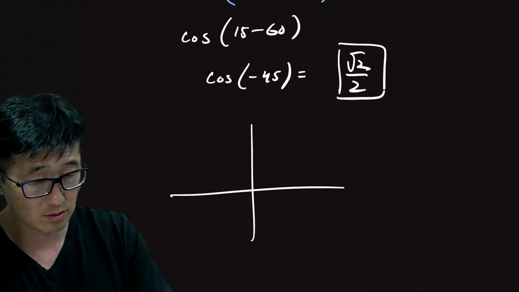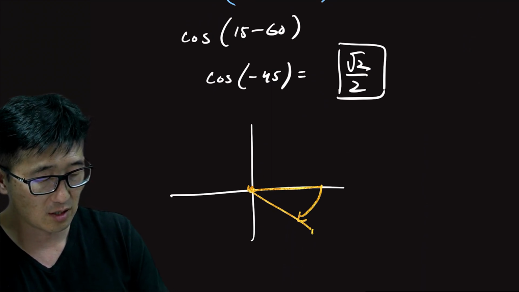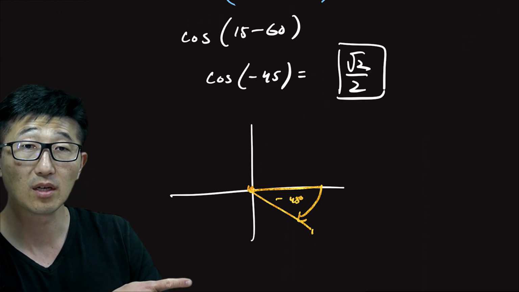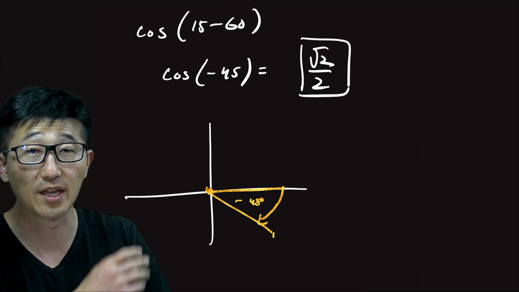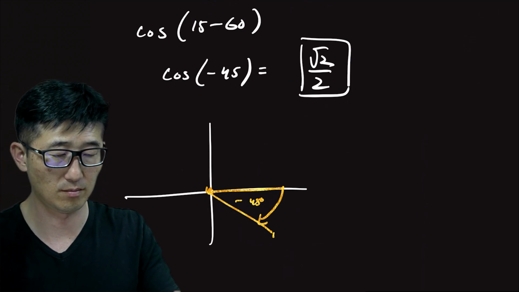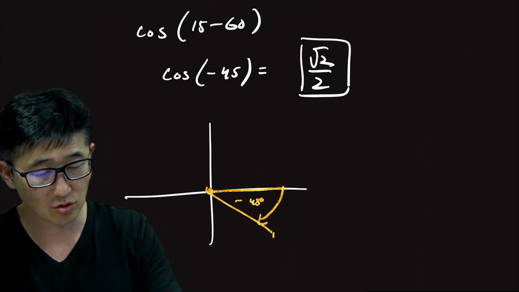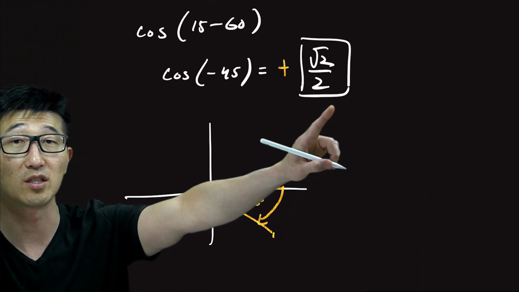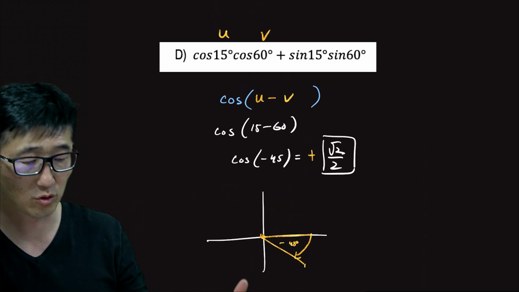You would be in quadrant 4. Are cosine values positive or negative in quadrant 4? Positive. Yes. So the answer here will be a positive radical 2 over 2. You're just working backwards.